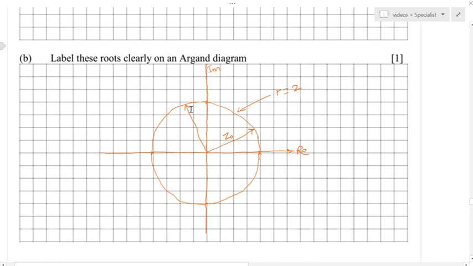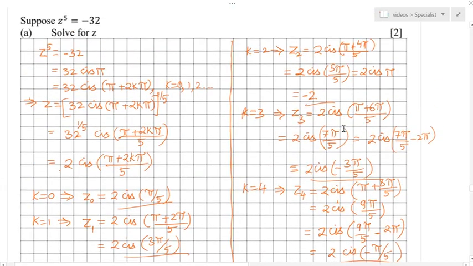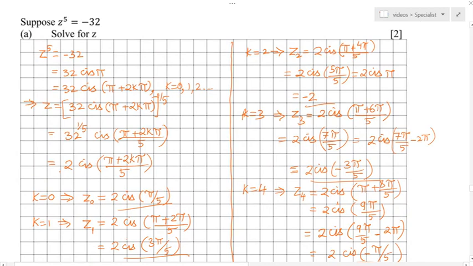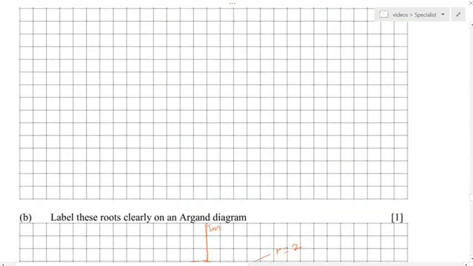Then the next one is 5 pi over 5, which is basically minus 2. So minus 2 is here. That's my third root. So this is my z0, z1, z2, and after that, z3, my fourth root, is 2 cis minus 3 pi over 5.